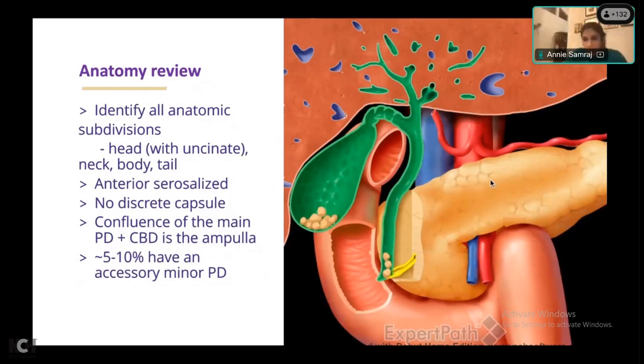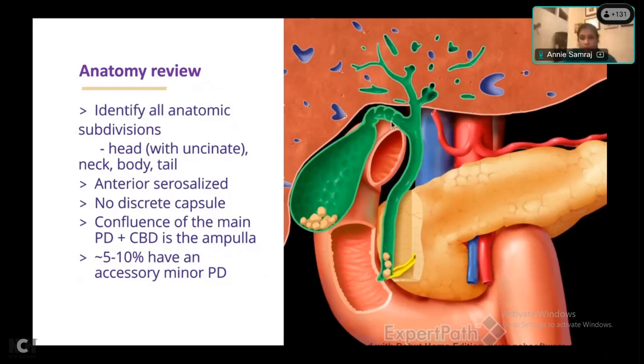The neck is the thinnest portion of the gland, and it overlies the superior mesenteric vein and artery. To the right of it we have the body, and the tail extends to the hilum. The anterior surface is serosalized, and the posterior is partially serosalized. There is no discrete capsule, of course.